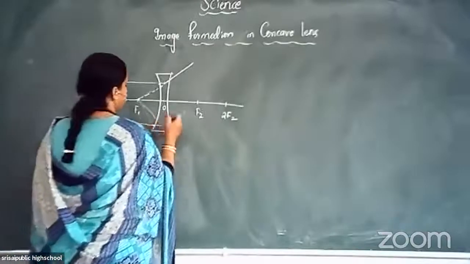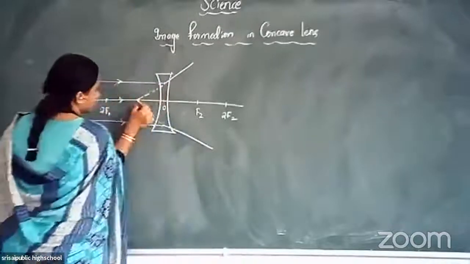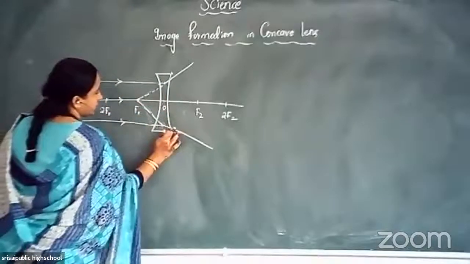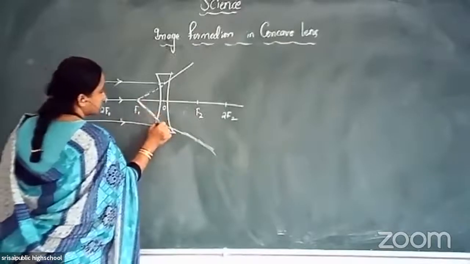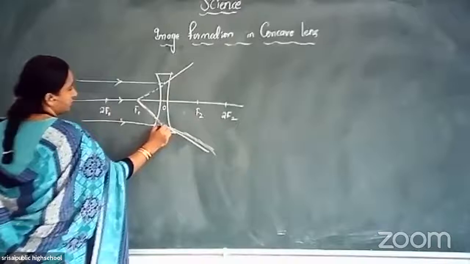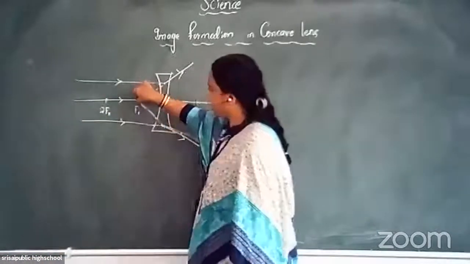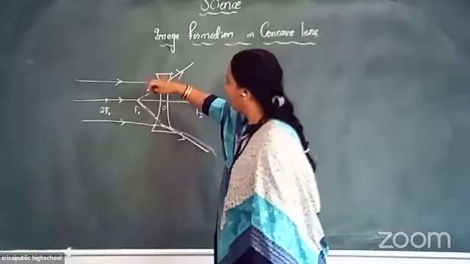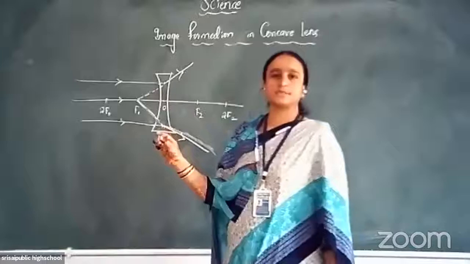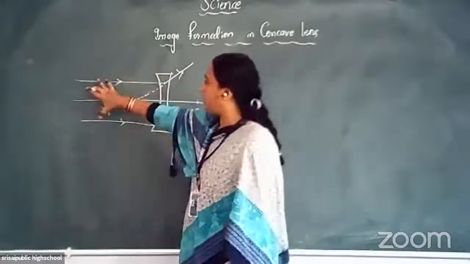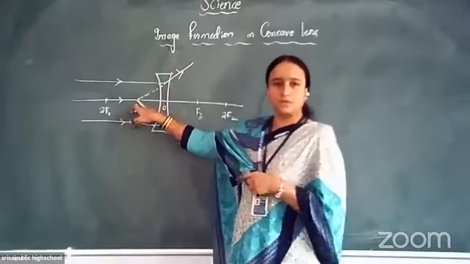We have to extend it up to here, then it appears to be coming like this. This is the emerging ray. Now this is the position where you are going to get the image. Since the rays appear to come out from the principal focus, it is called a divergent lens, and after the refraction the image is obtained at the principal focus.